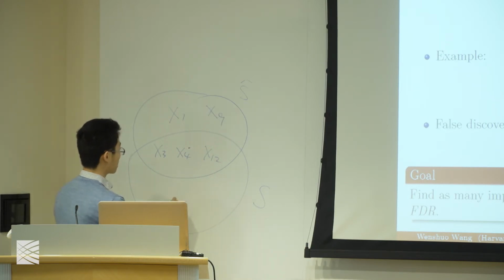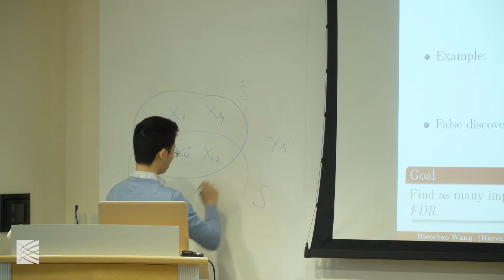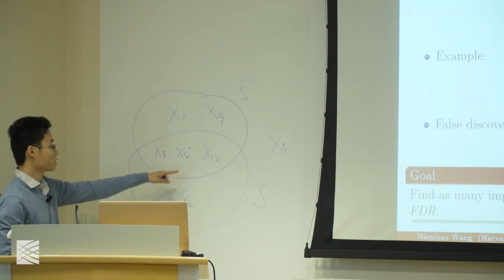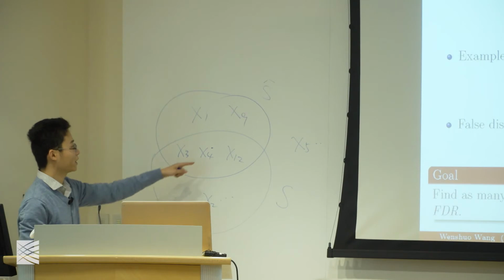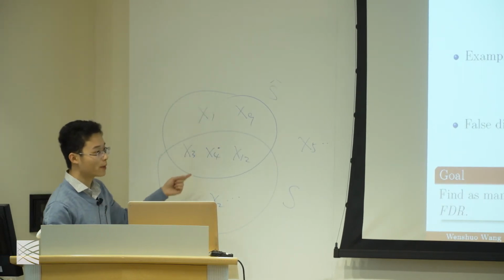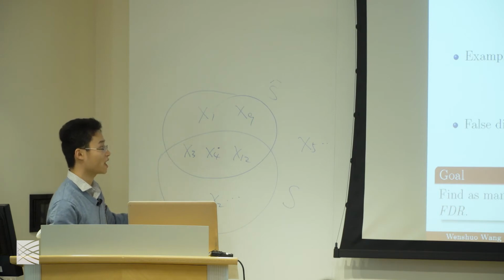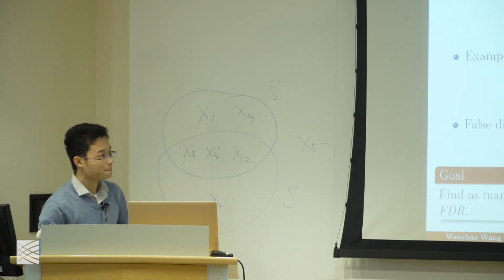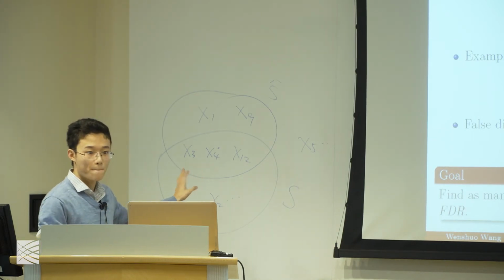And here is whatever, say if 2 is here and 5 is here. Does that make sense? Ideally, I want to find this set, but here's what I have, and I want to know how many of them are false. So basically, how many variables outside S that I have selected anyway. Does that make sense now?